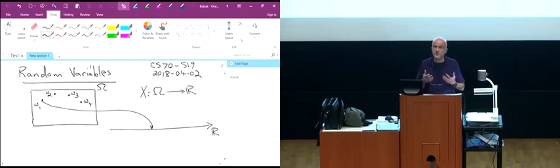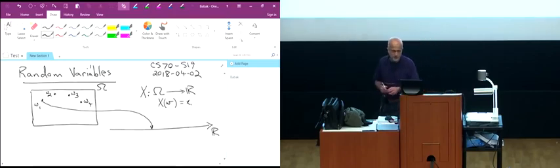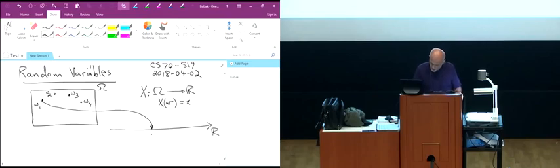And there's some kind of a rule associated with that function. So that rule will tell you that for any particular omega in your sample space, what particular value the random variable will take. So here, we say that the random variable X takes on the value small x1.